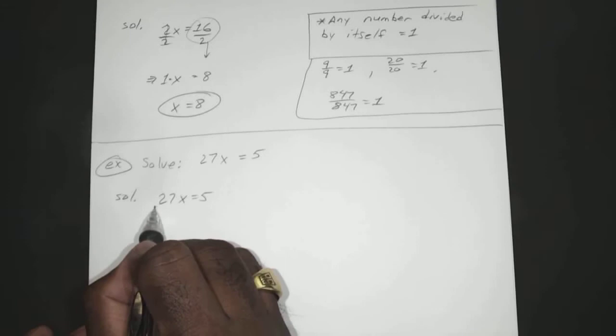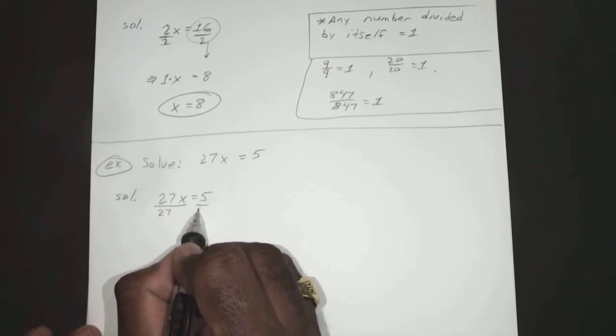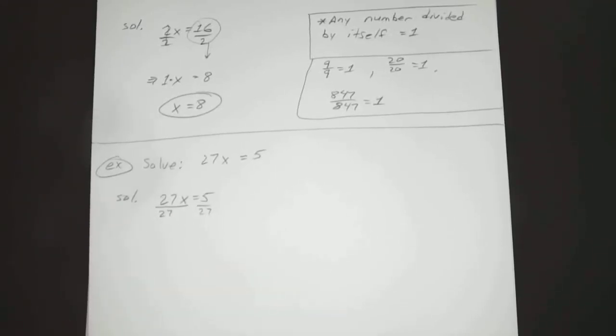So you're going to divide both sides by 27. Remember, you're always going to do the opposite when you're trying to get the x by itself. So if you see it's x plus something, you're going to subtract. If you see it's x minus something, you're going to add. If you see x times something, you're going to divide. If you see x divided by something, then you're going to multiply. So you're always going to do the opposite.